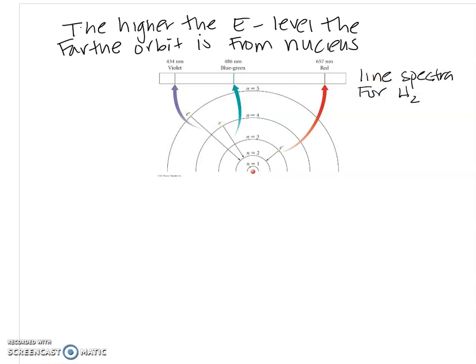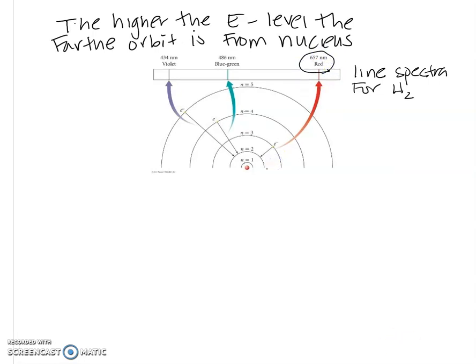So here I want to point out red first. So let's go over red. So again, here we have our orbits, and we see that the electron is going from 3 to 2. So initially, so we have n equals 1 here, close to the nucleus.